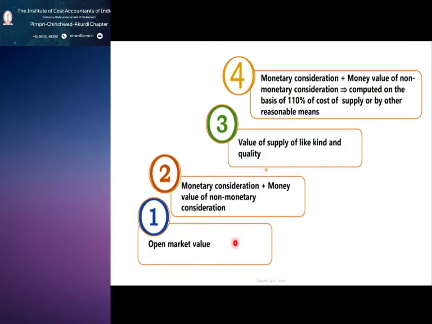In the fourth step, if all these three steps are not working, then you try monetary consideration plus non-monetary consideration, computed on the basis of 110% of the cost of supply or by other reasonable means. So we'll see simple examples of this one step at a time, so you will understand what rule 27 says.